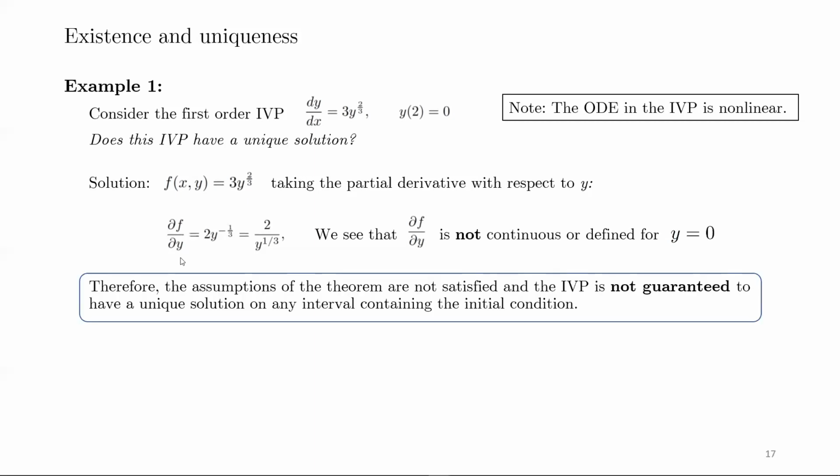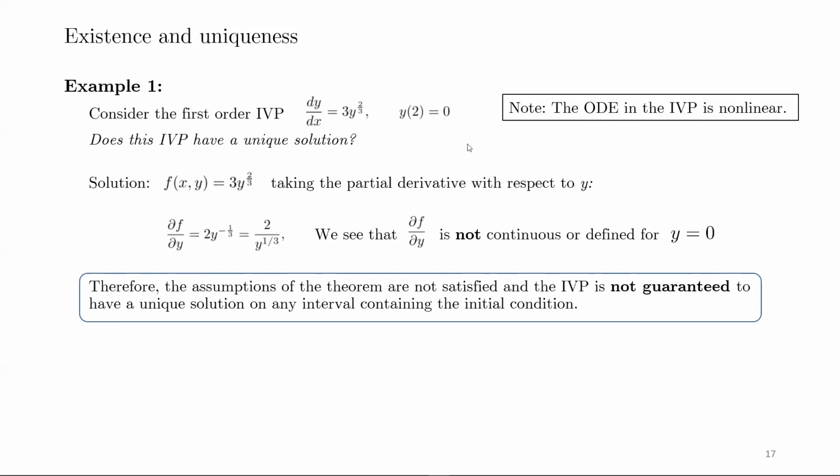So therefore, the assumptions of the theorem are not satisfied, and the initial value problem is not guaranteed to have a unique solution on any interval containing this particular initial condition. Okay, so the theorem doesn't tell us anything really, except it tells us that we're not guaranteed to have a unique solution on any interval containing this initial condition.